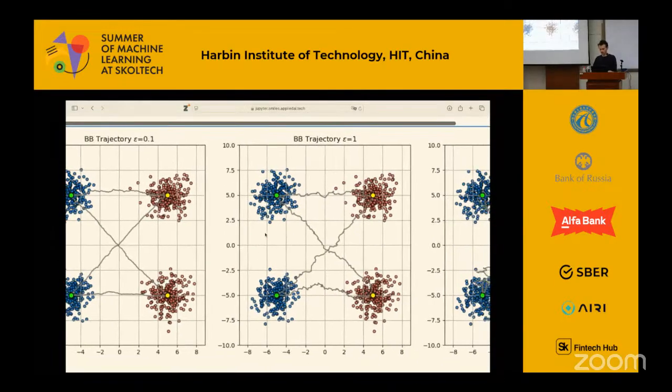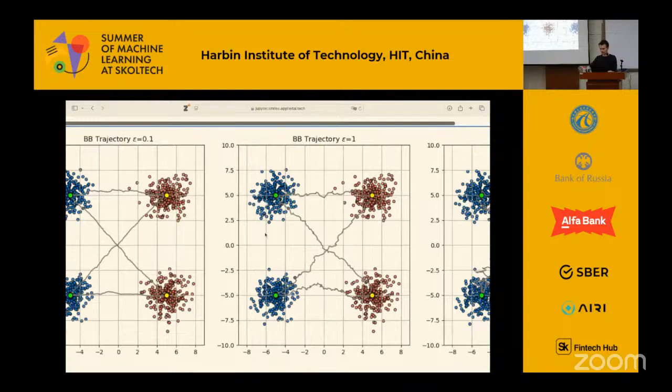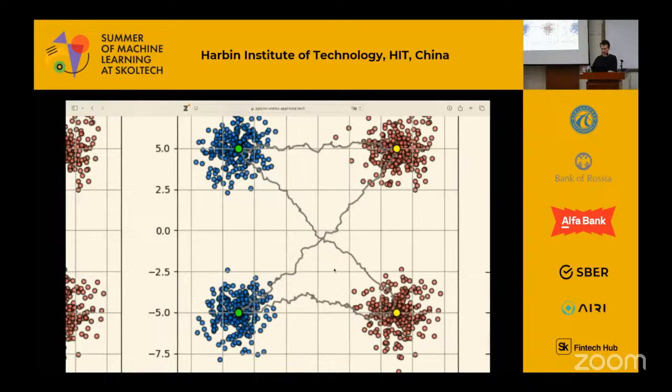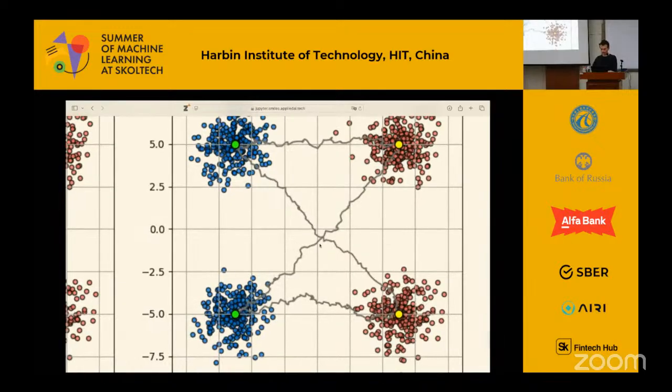If we take a volatility coefficient of 1, which is 10 times bigger, you can see that volatility starts to grow, and our diffusion trajectories, Brownian bridge trajectories, start being more and more stochastic. All of these sharp edges are because of stochasticity. But trajectories do still intersect.